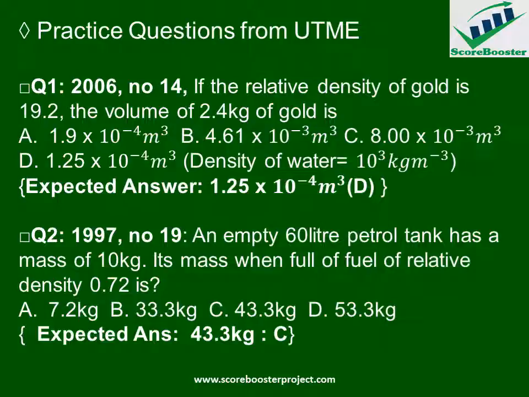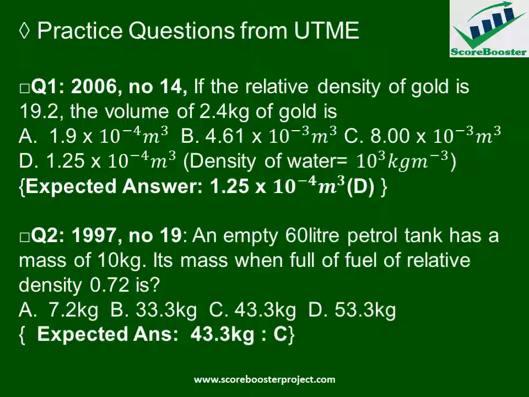Then density of water here equals 10 raised to power 3 kilogram per meter cube. Expected answer here is 1.25 times 10 raised to power minus 4 meter cube. That is option D.